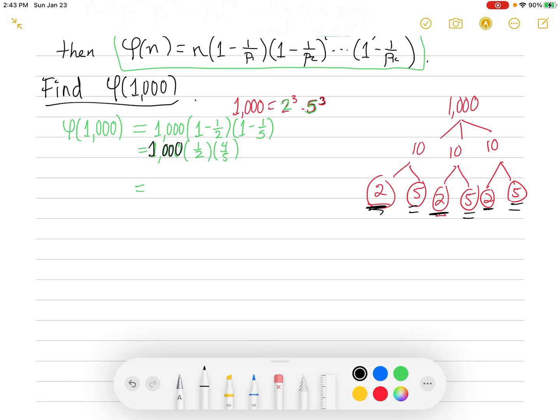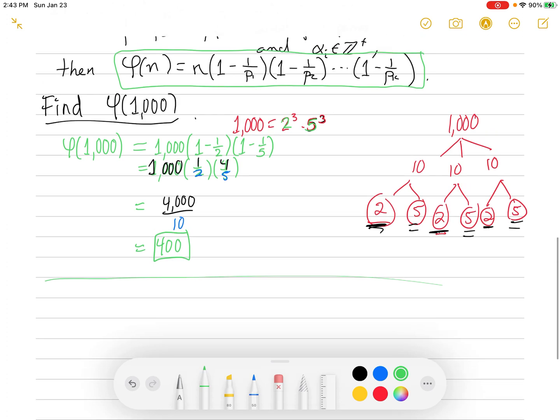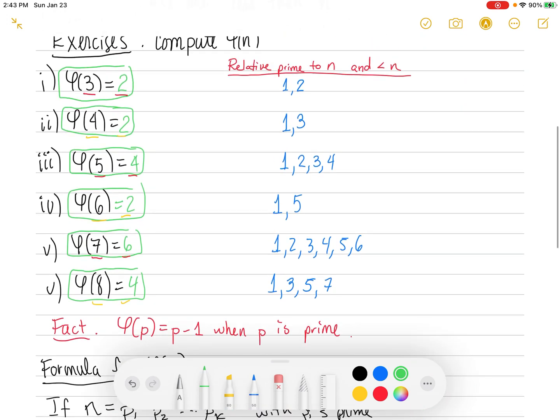If I multiply the tops, 1,000 times 1 times 4, I'm going to get 4,000. And if I multiply my bottoms, 2 times 5 is 10. So 4,000 over 10 is 400. So my answer is 400. Phi of 1,000 is 400. There are 400 positive integers relatively prime to 1,000 that are less than 1,000. So that's a handy formula to have.